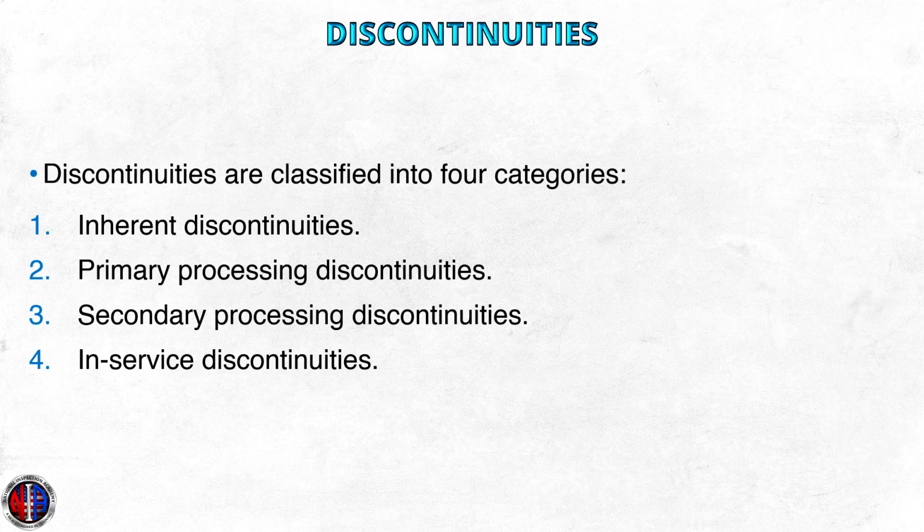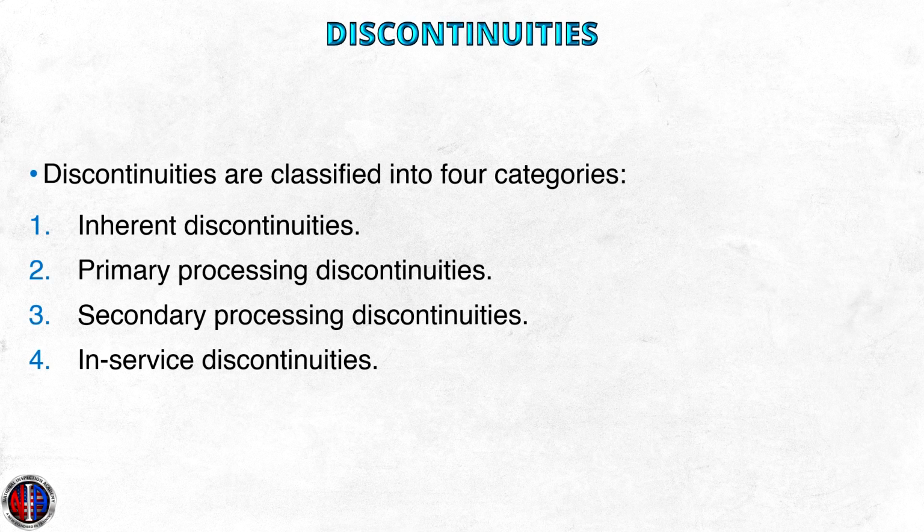Discontinuities are classified into 4 categories. 1. Inherent discontinuities, which originate from the solidification of cast or molten metal. Inherent discontinuities may also have their origin in other bulk consolidation techniques, such as press and sinter, as well as composites. 2. Primary processing discontinuities, which arise from the hot or cold working of an ingot into forging, rod, bar, pipe, tube, and welding.